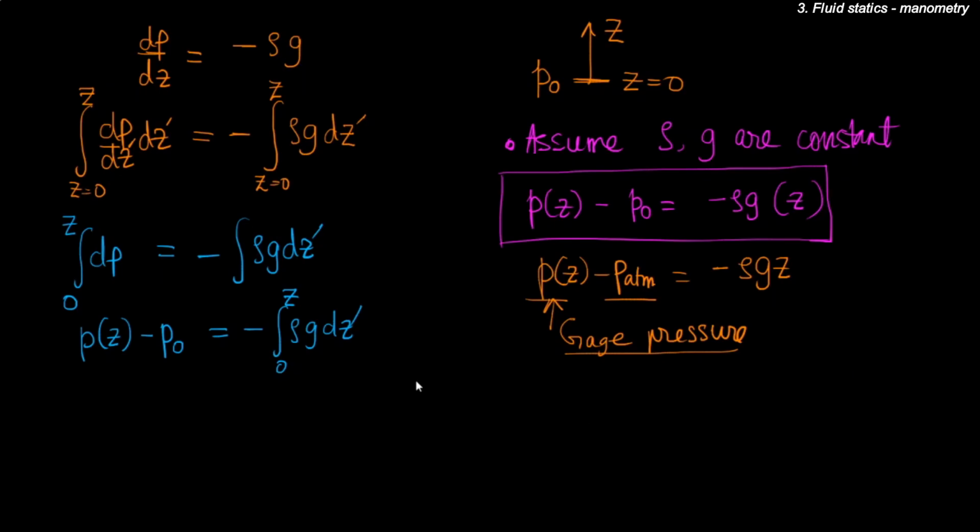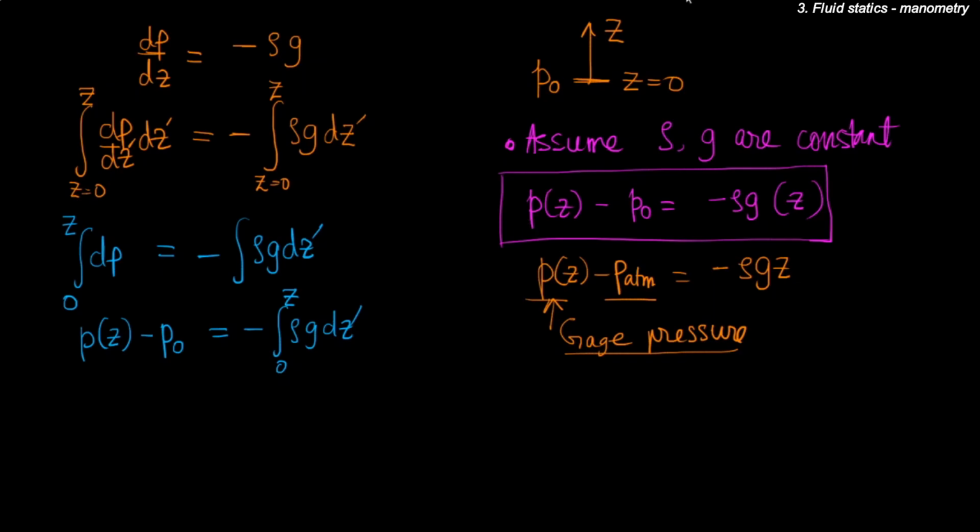The vacuum pressure is how far below the atmospheric pressure a given pressure is. So p atmospheric minus p at z is called the vacuum pressure. So how low relative to the atmospheric pressure is our pressure. Now we have an expression for the pressure at a point. In particular, we have an expression for the gauge pressure.